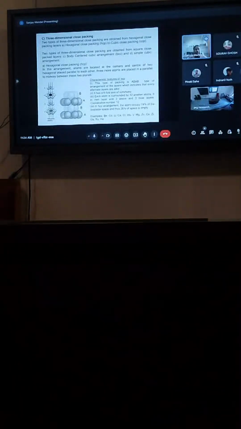You can see that, right? 6 here and 3 here, 3 here. And probably you have heard that occupancy is 74%. That means in this case, 26% is empty, and this is the maximum we can get. So in close packing, we have to arrange the atoms so that they occupy the maximum space.